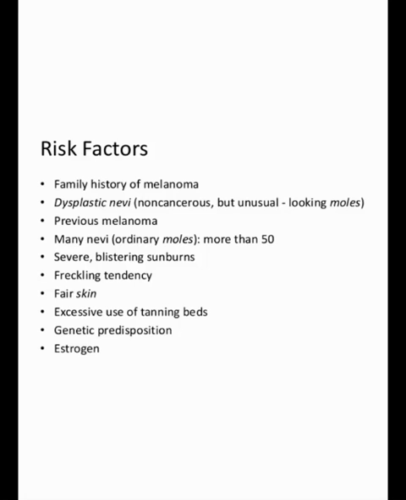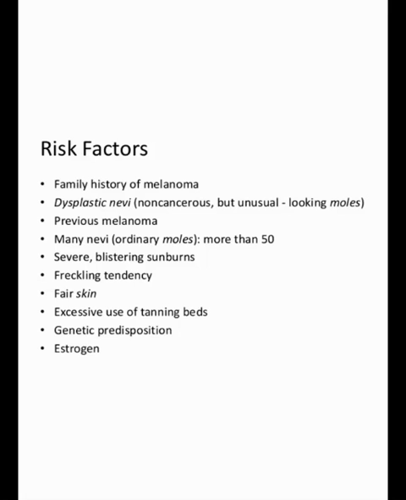Then previous melanoma. If the patient has a previous history of melanoma, the patient is again at risk. Then many nevi, that is more than 50 in one individual. If there are more than 50 nevi, that indicates the patient is at risk of malignant melanoma.